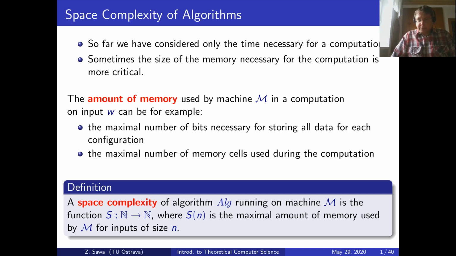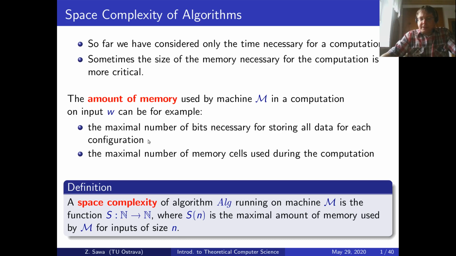The space complexity of an algorithm is formally a function that, for a given size of the instances, considers all computations on the instances of the given size and takes the maximal amount of memory used in these computations. So if we denote this function as S(n), it would be the maximum amount of memory used by the given machine performing the given algorithm on inputs of size n.